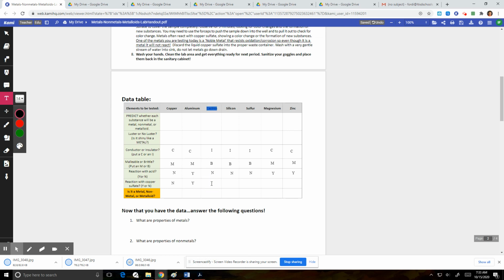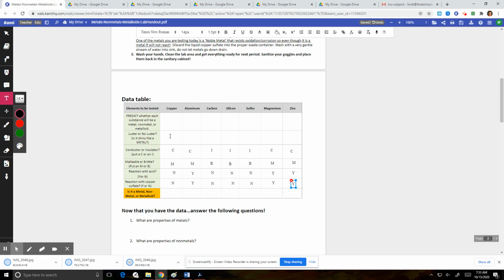Carbon, no. And with silicon, also a no. Sulfur was a no. Magnesium was a definite yes. And zinc was also a definite yes.